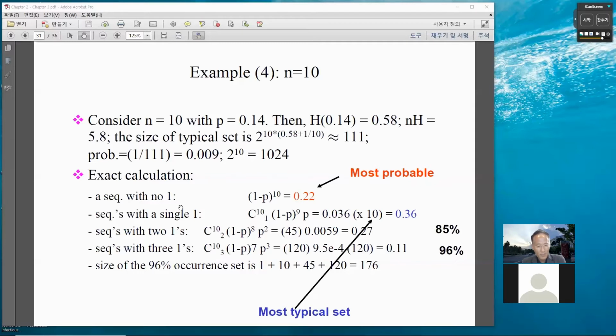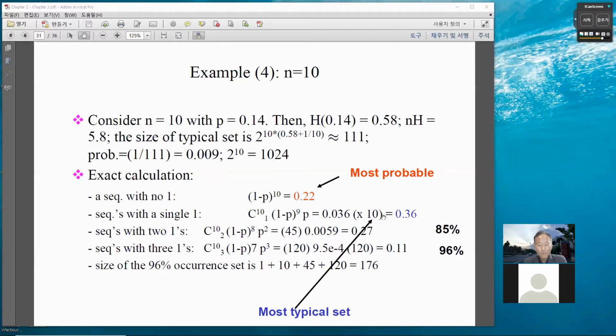So this one is supposed to be the most typical, or 2 ones, right? So this probability is the most typical probability.